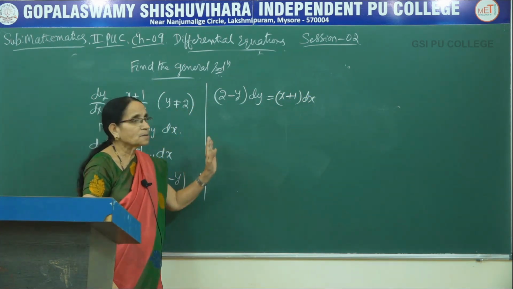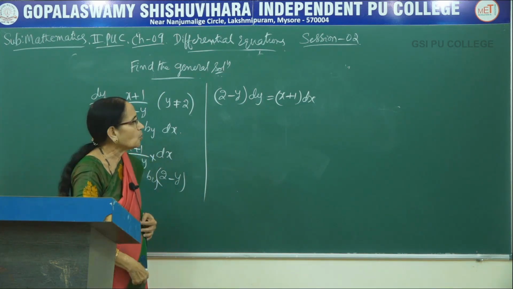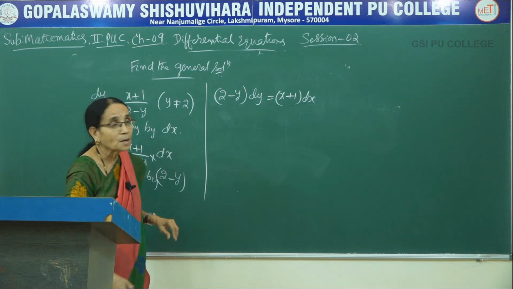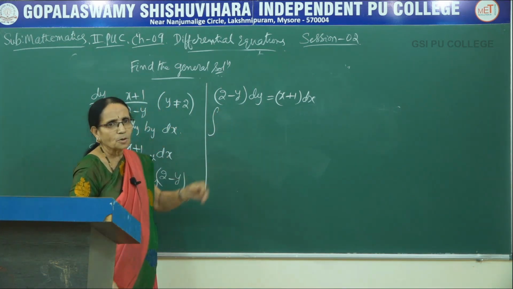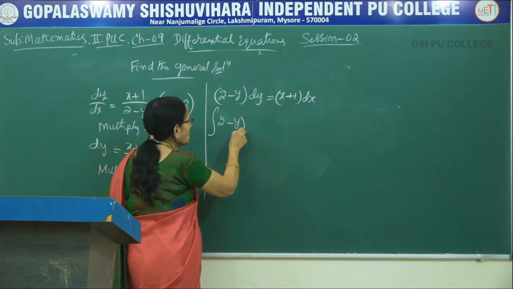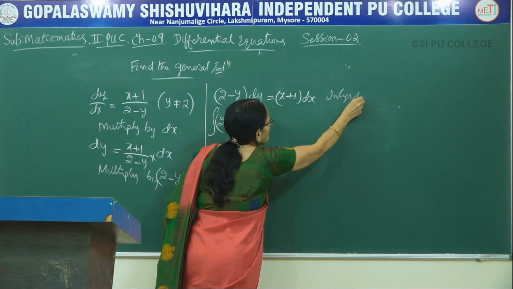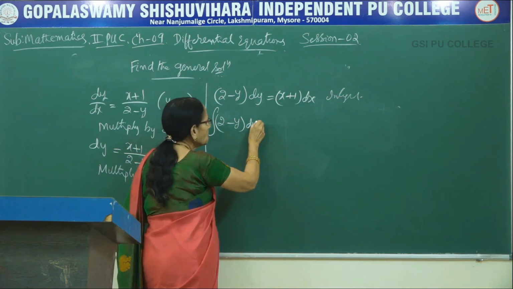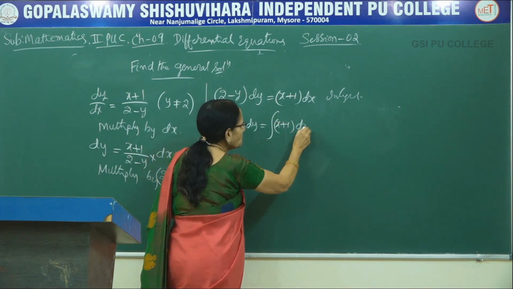See, you clearly see that both x and y have been separated, correct? Now what we have to do? We have to go for integration. Immediately you can write the sign here, integrate 2 minus y into dy, that is equal to integral x plus 1 dx.